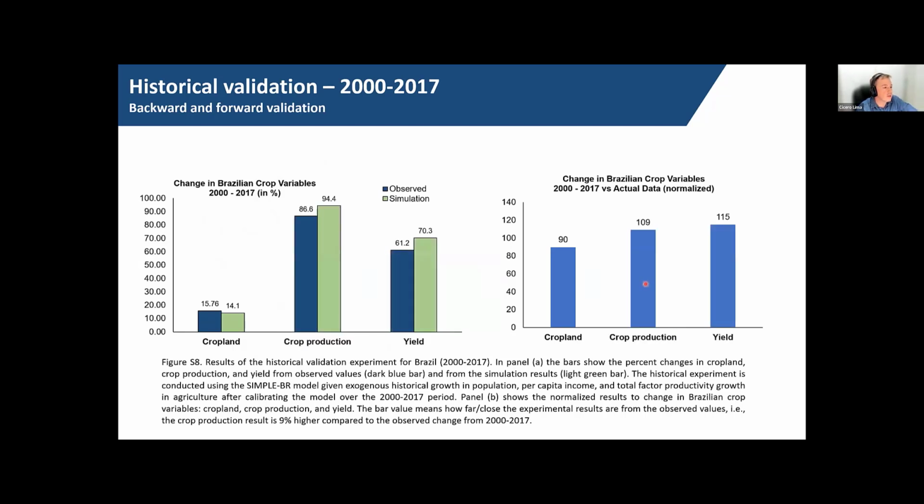We are projecting more cropland output, but we are comfortable with the cropland expansion for the validation period for Brazil. So we are able to track this cropland expansion that is super important for Brazilian agriculture.